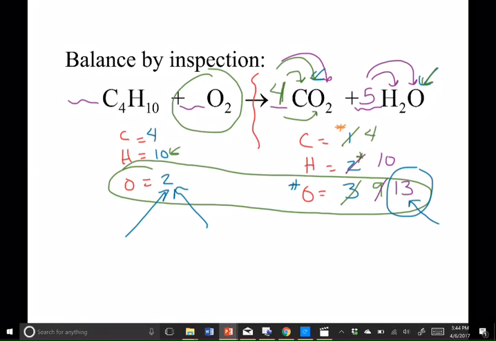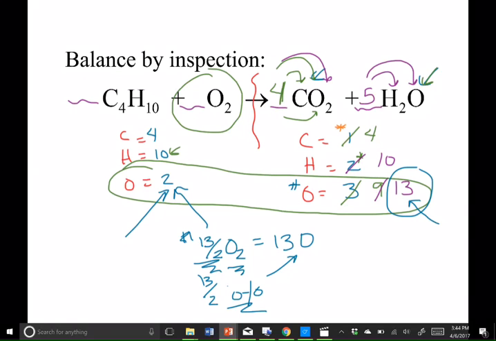If I go with 13 halves O2s, this is my stoichiometric coefficient, and this is my formula. Does it seem like I will have 13 individual oxygen atoms? That is totally it. So when I say 13 halves of O2s, I mean 13 halves of this. Here's my O2 molecule. You split it in half and you take 13 of those.